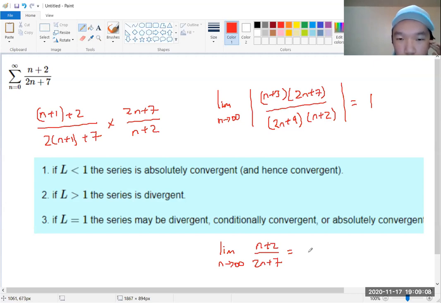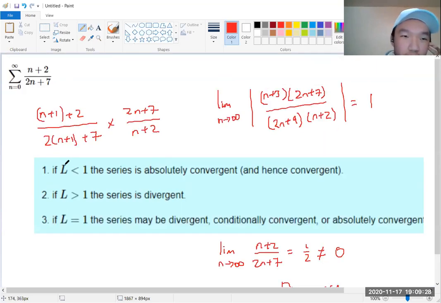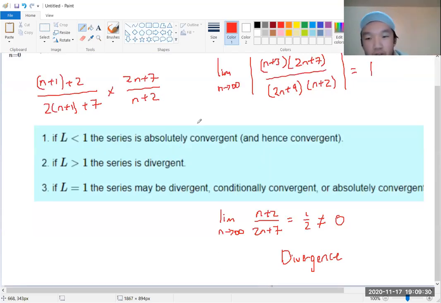This gives you 1/2, which is not equal to 0, right? So this diverges. Very good. So yeah, we probably should have just done the divergence test in the beginning, but it's all right.